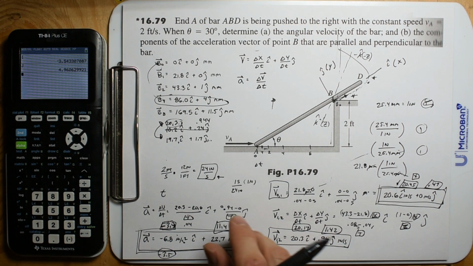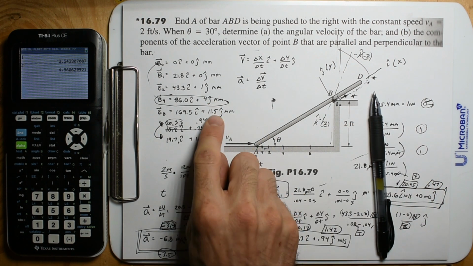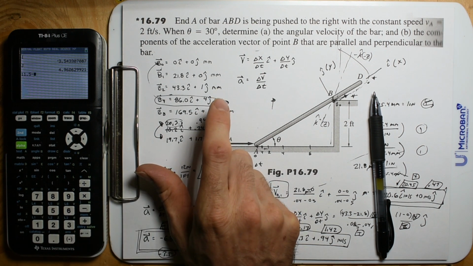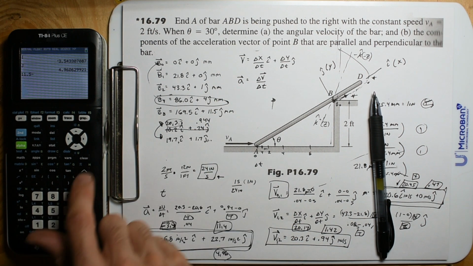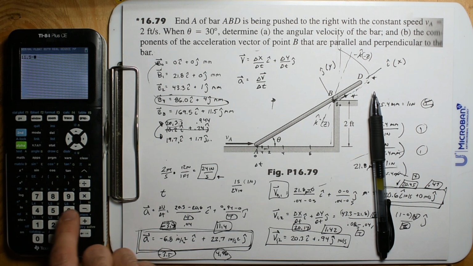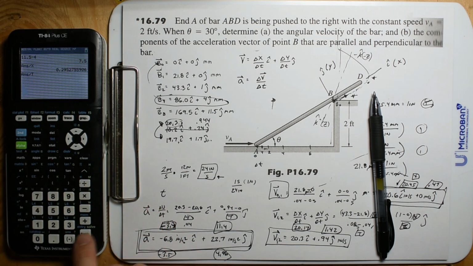So yeah, it seems like we are getting less accurate. So let's do this one more time. 11.5 minus 4 divided by x divided by alpha t.